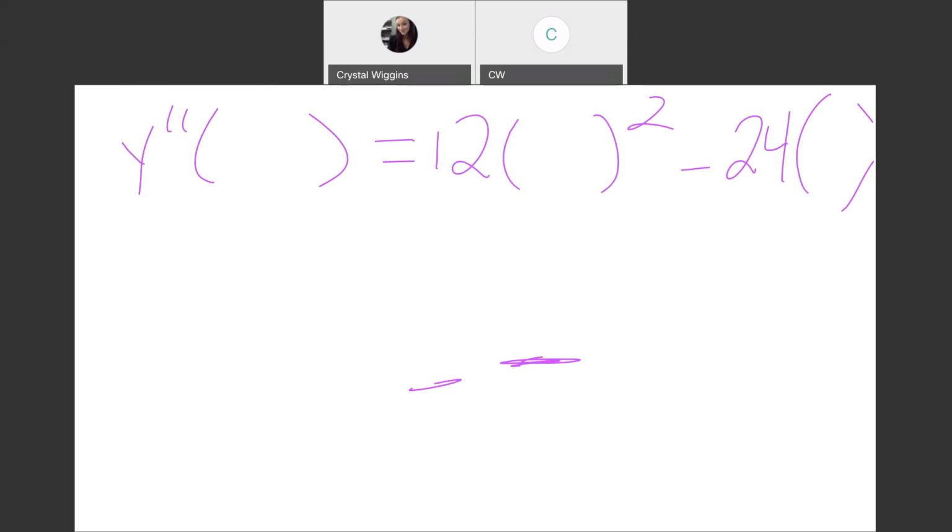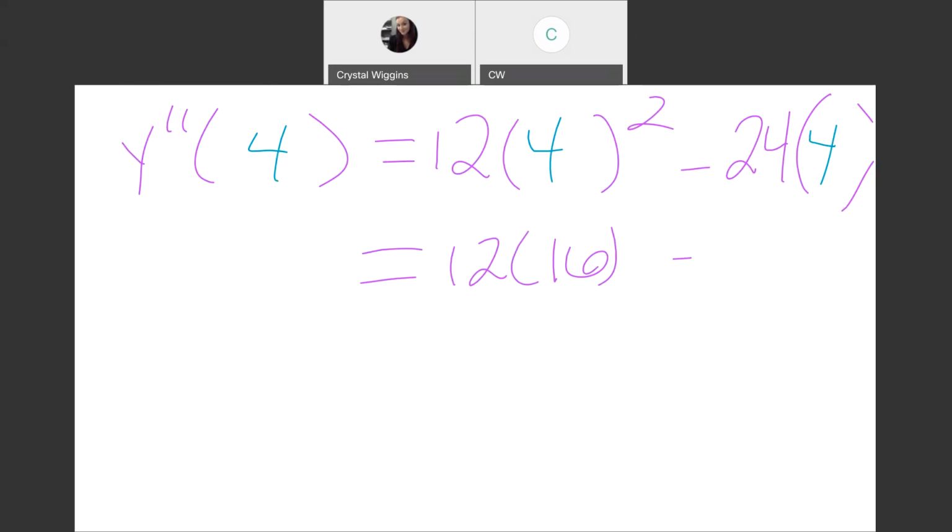Let's do the last test point. So the last test point we have is to the right of our critical value of 3, which we chose 4 as our last test point. Okay, so we have 4 squared, which is 16, minus 24 times 4. So we've got to find those values. So 12 times 16 we calculated before.